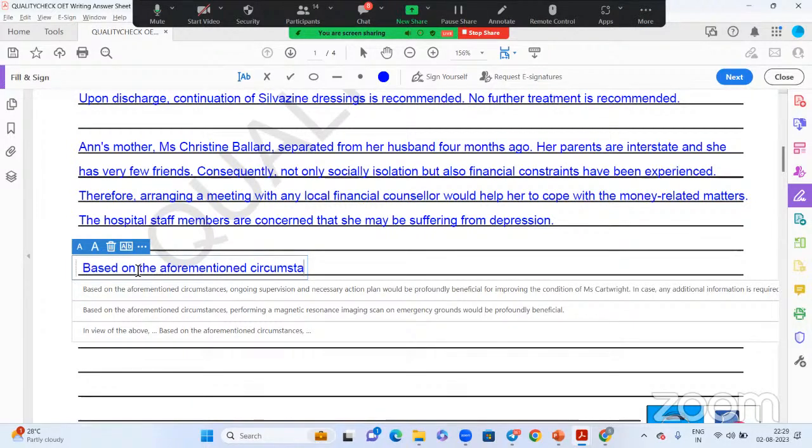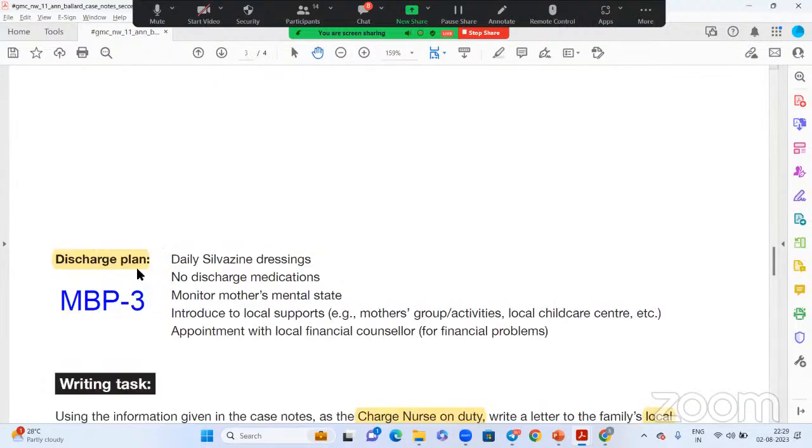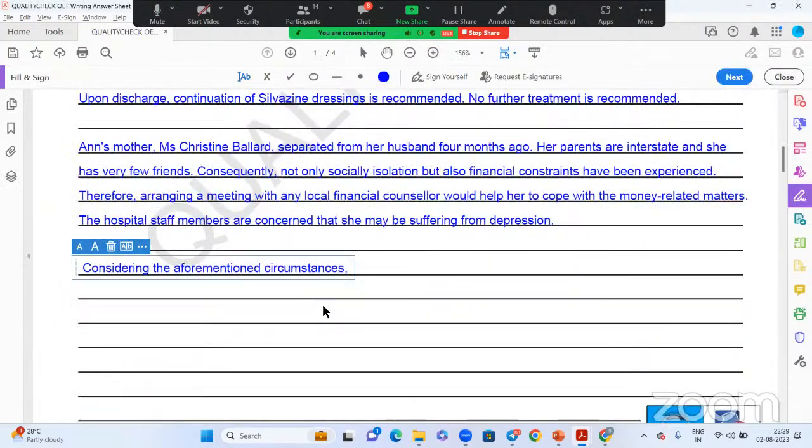Anyway you can write, having considered, keeping the above mentioned circumstances in mind, considering the aforementioned circumstances, monitoring mother's mental state, regular monitoring, regular observation, or regular supervision. Change your words accordingly.